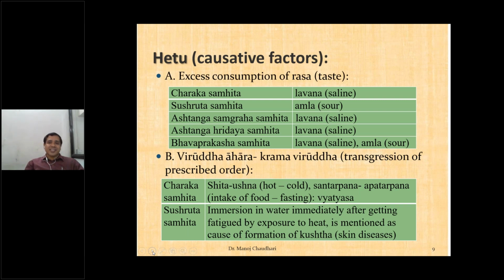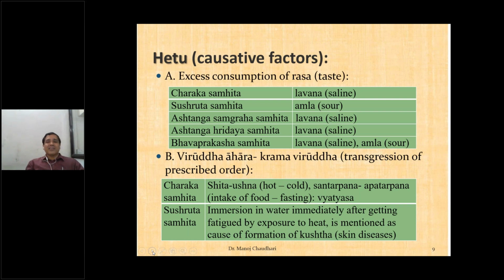In Sushruta Samhita, it is Amla taste, that is sour. In Sangraha and Hridaya, they have again followed Charaka Samhita. Bhava Prakash Samhita combined both, Lavana and Amla. For a physician, only following Charaka Samhita, the Lavana taste, is not advisable in my opinion.